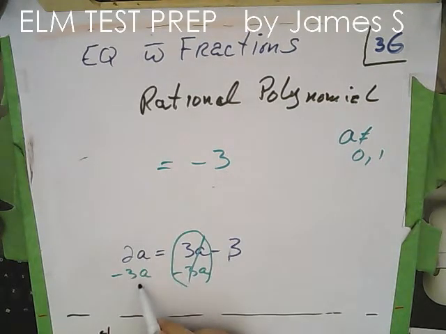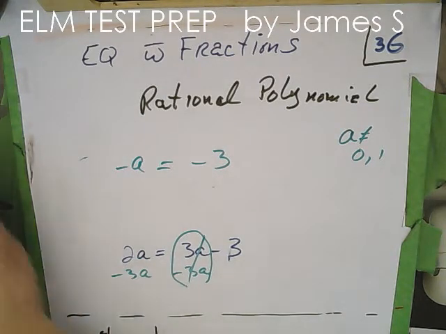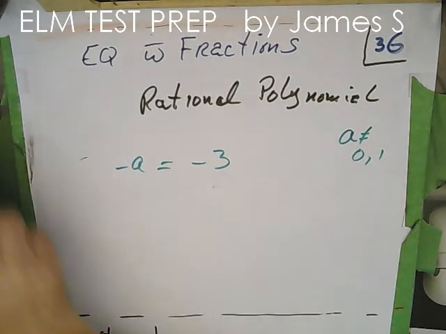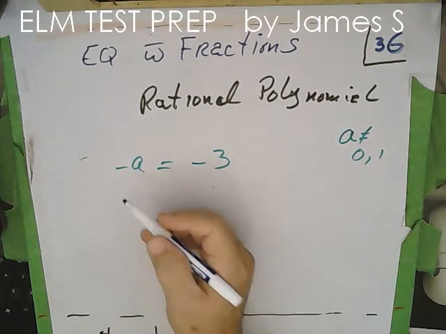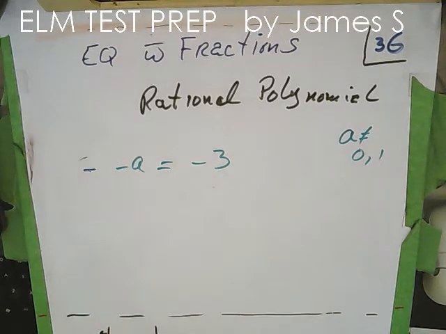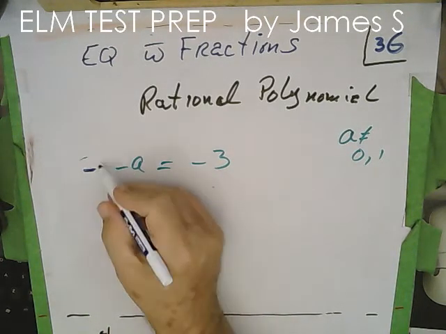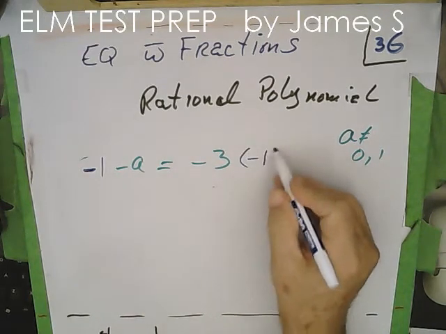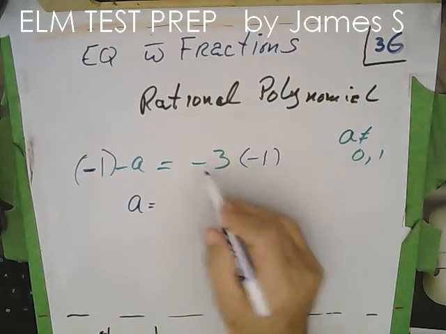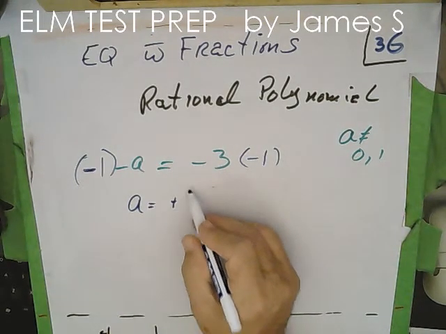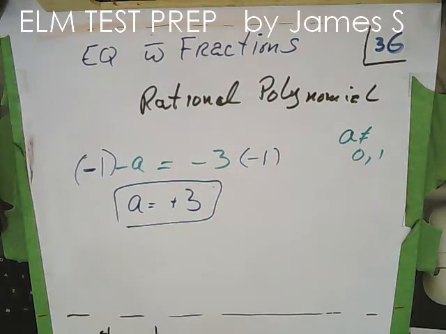And 2a take away 3a leaves me minus a on the left side. Now I'm going to multiply both sides, or divide, doesn't matter, by minus 1. Minus times minus is a plus. Minus times minus is a plus 3. So my answer for a is plus 3.